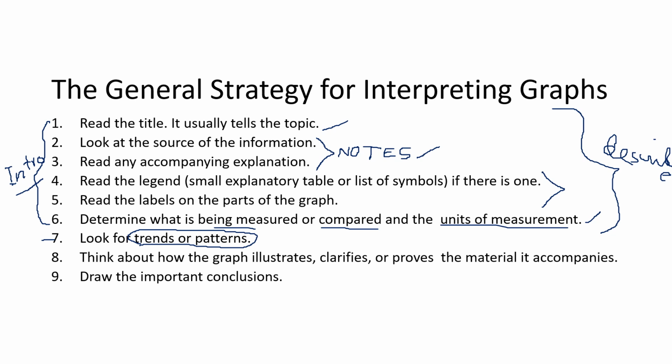And then number 8. So this is another paragraph. This could be your second paragraph, body paragraph 2. After focusing on the trends in one paragraph, you may say some more by explaining how the graph proves what's in the text.